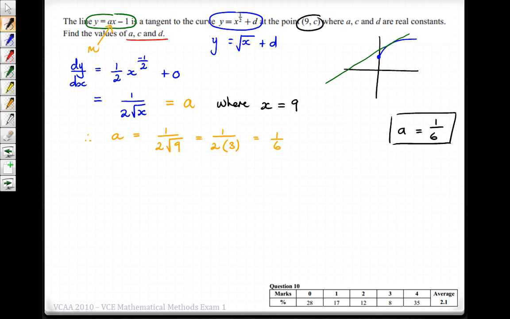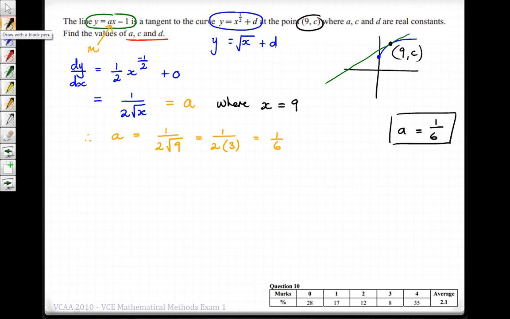So now we've still got to pull apart c and d. So c shouldn't be too difficult to find out. So if we go back, yes, we should be able to find that exact point (9, c), because the value of c is the same value of the y in our green equation when x equals 9.